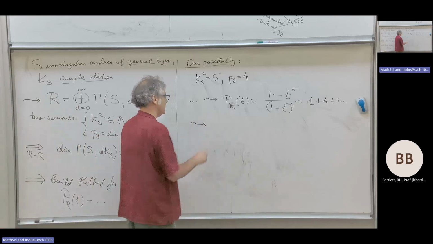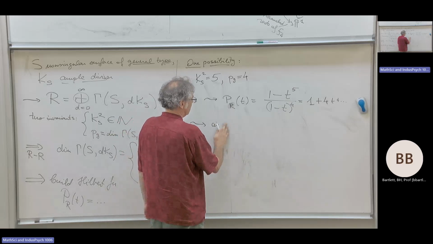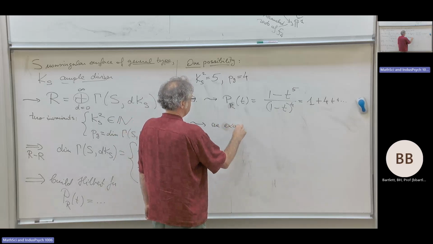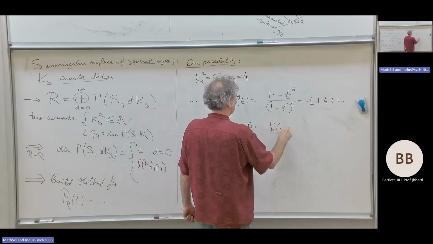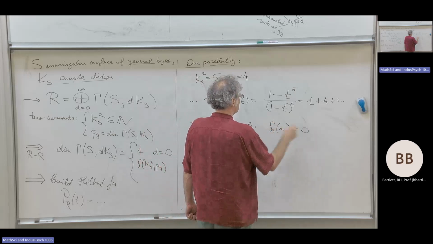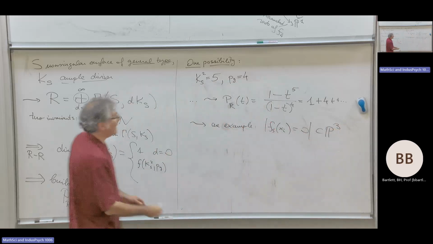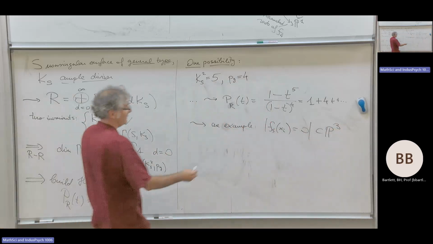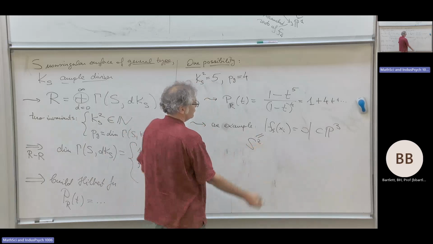And then there is one known example. One example here is quite easy. One example is I just take a quintic hypersurface in P3. So this is codimension 1, so this is a surface.